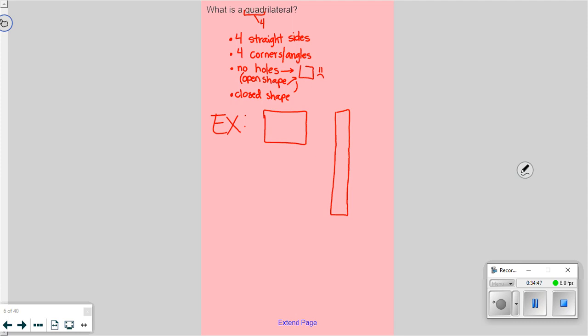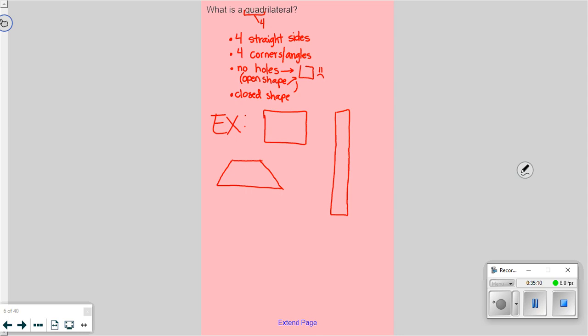What about this shape? Is that a quadrilateral? Yes. Are you sure? Yes. How do you know that's a quadrilateral?